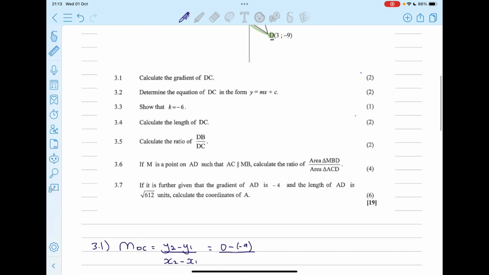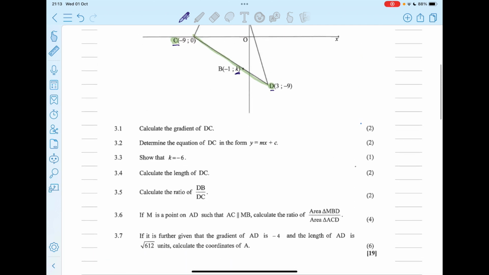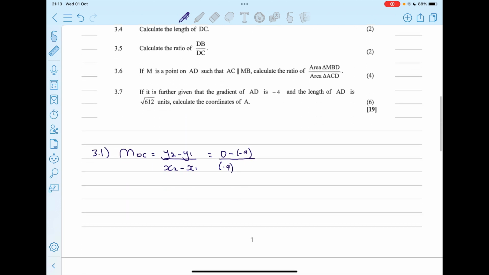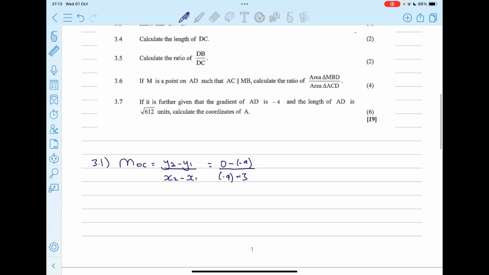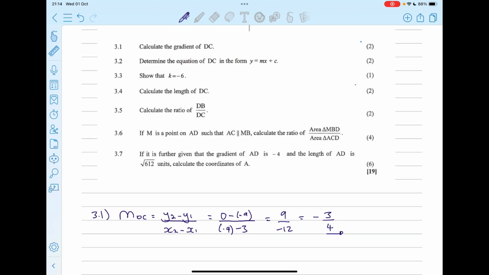And then the x coordinate, that's -9 minus 3. Oh, my negative sign, sorry. Okay, so now we've got +9 over -12, which simplifies to just -3 over 4.